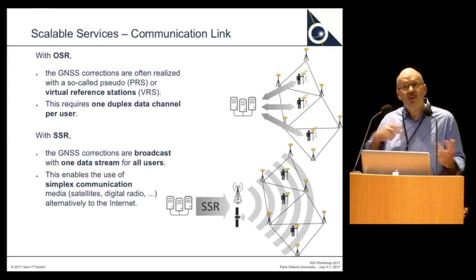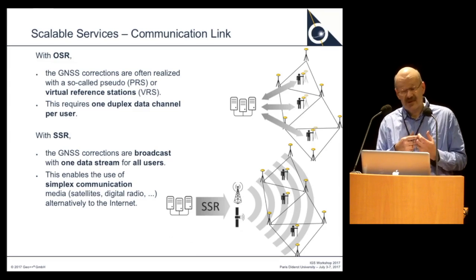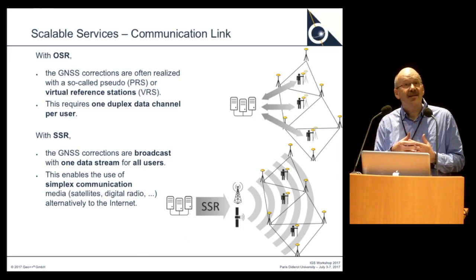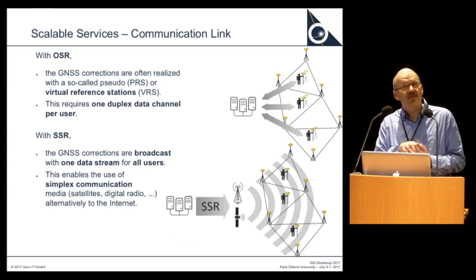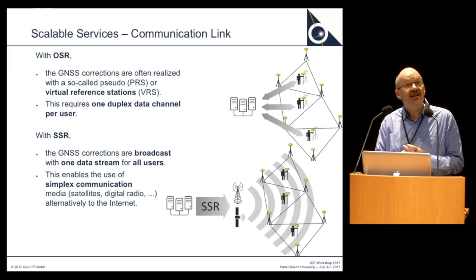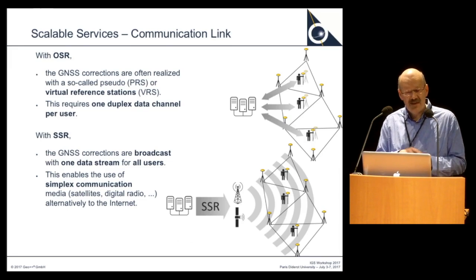So you have to talk with the server to send your position and get the individualized corrections. On the other hand, SSR is completely a broadcast capable service. So you determine the state space representation, the GNSS errors, transmit them, and the user, for his own position, can compute the correction. So this is a major difference, that you are broadcast capable. And this opens a lot of communication channels to use. So besides the internet, the common media, you can use satellites, digital radio, and so forth.